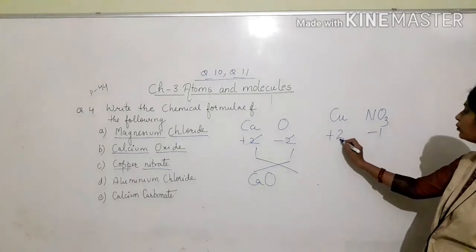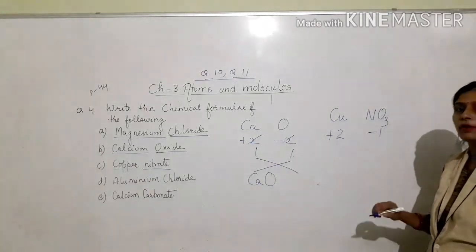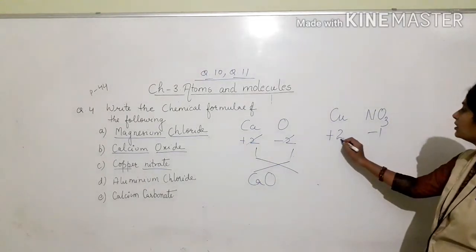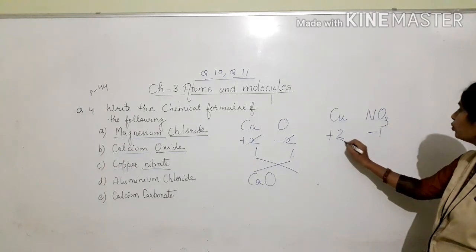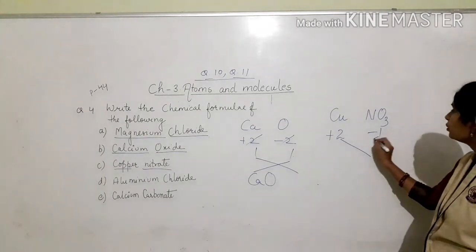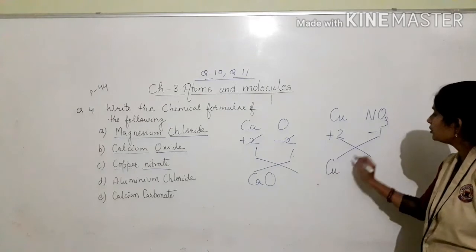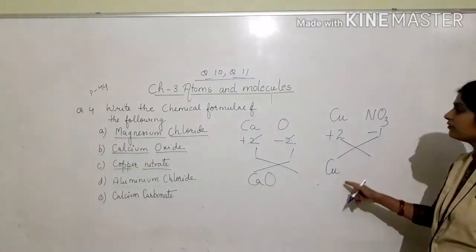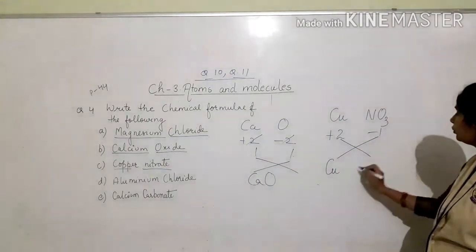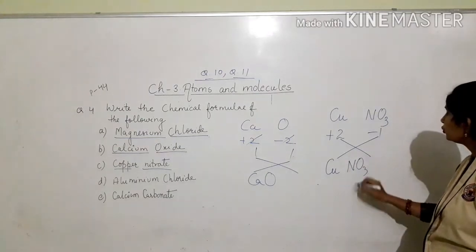Now simplify 2 upon 1, it will remain 2 upon 1. Now transfer this 2 over NO3 and 1 over Cu. Now Cu is getting 1, we need not write it, and NO3 is getting 2.